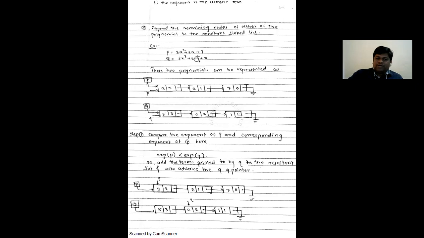So what is the value of p here? Is it visible to all? Yes, sir. Now tell me the values of the nodes for p.